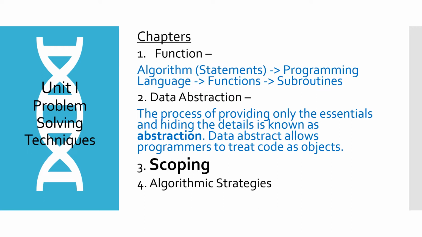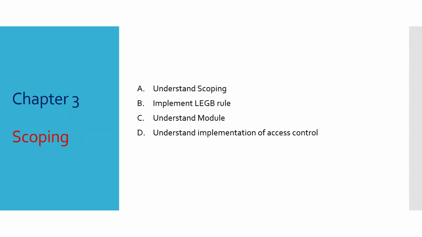Let's talk more in detail now about this chapter, which is scoping, in the next slide onwards. So in this chapter, there are 4 important topics we are going to discuss.